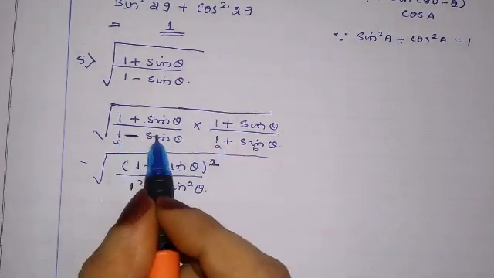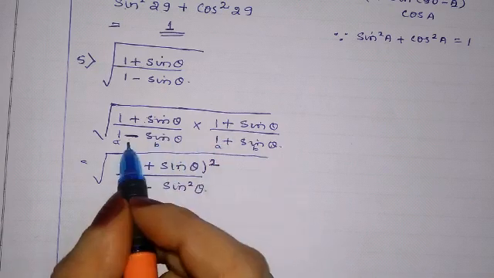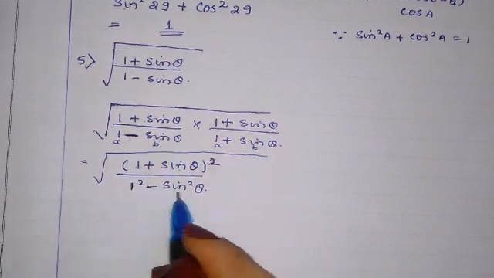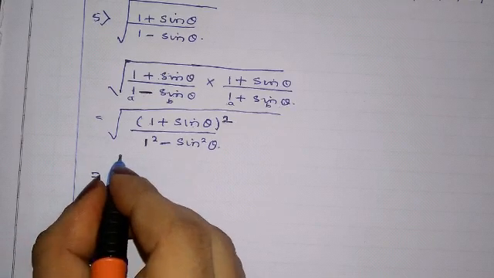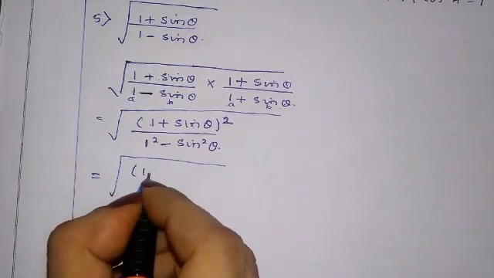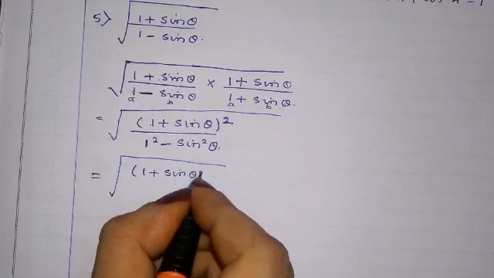Upon a minus b, a plus b, which is nothing but a square minus b square. Here it is 1 minus sine theta, 1 plus sine theta. Now root, I'll keep 1 plus sine theta whole square as it is.